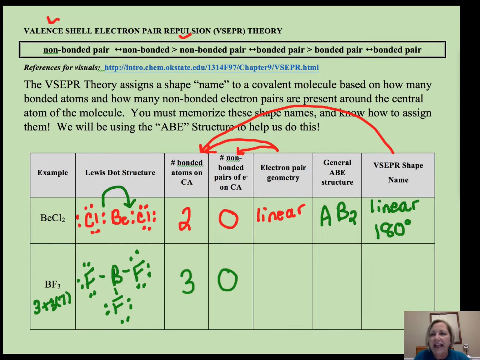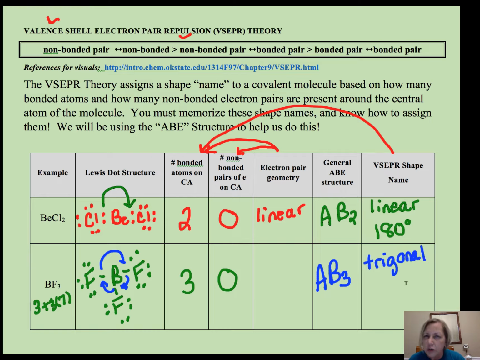VSEPR says the valence shell electrons repel one another. So these electrons are repelling one another to get as far apart as possible. And to do that, this is an AB3 structure. They stay in a plane because there's nothing to push them out of the plane. And they form a triangle.